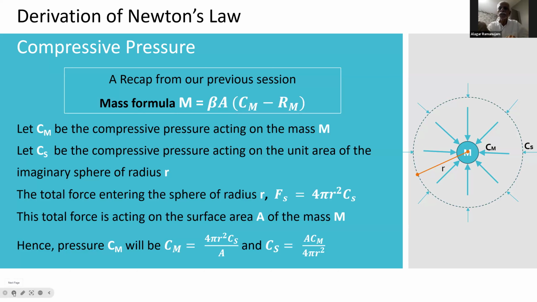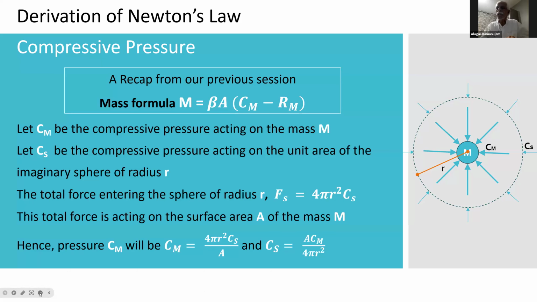That is what we have indicated here. The total force entering the sphere of radius r, Fs, is 4 pi r square into Cs. How do we find this total force?